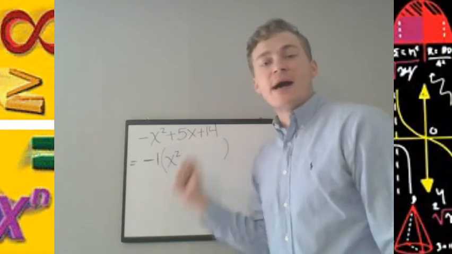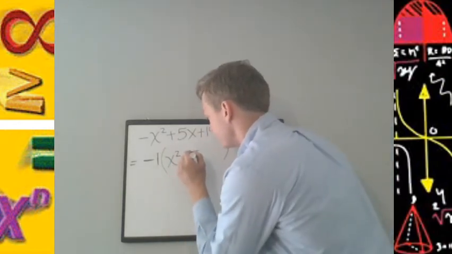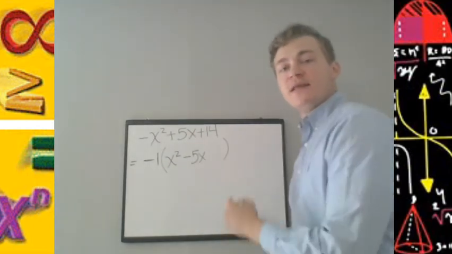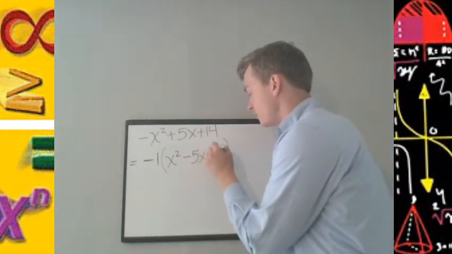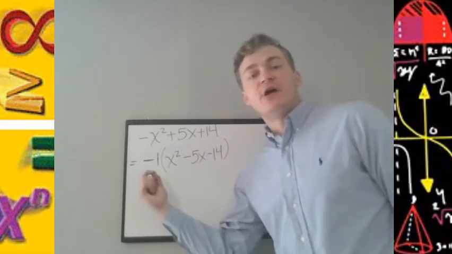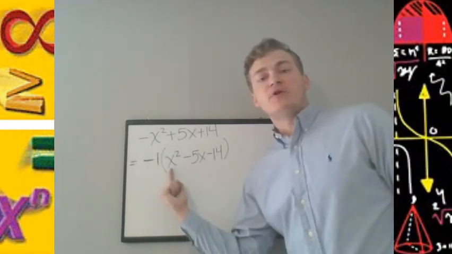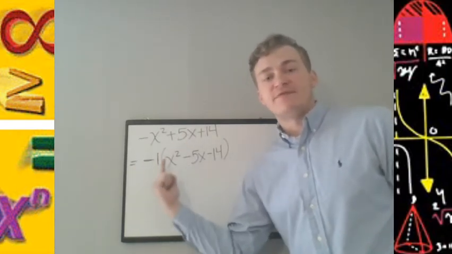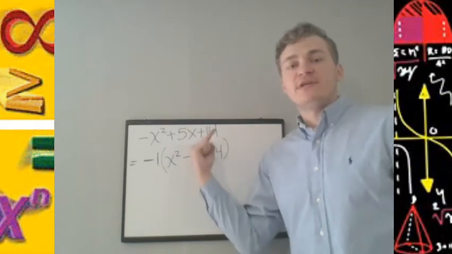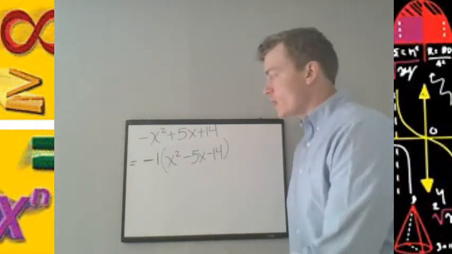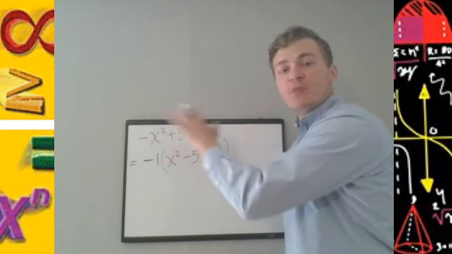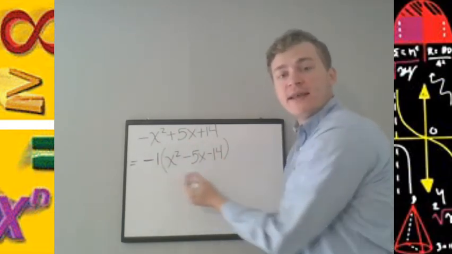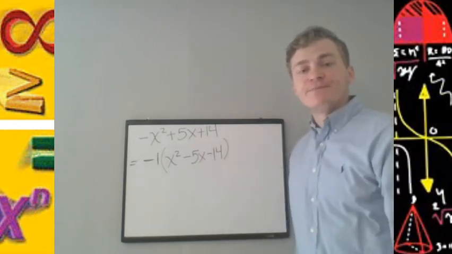This is going to make this a -5x. +14, but a -1 factor gets pulled out, making this a -14. And now we can see through the distributive property, -1 multiply x squared, we're back to where we started. A -1 times a -5x is +5x. -1 times -14, +14. So right now we have rewritten this trinomial as the product of the factors -1 and x squared minus 5x minus 14.